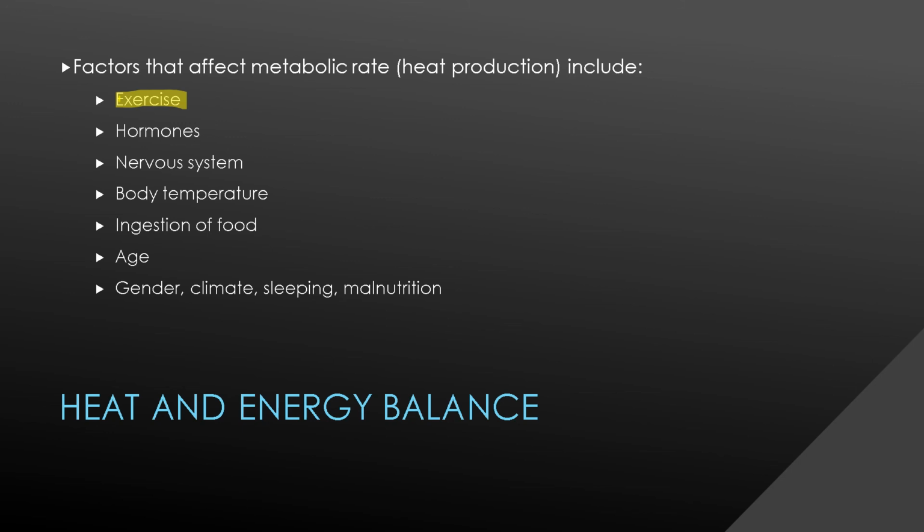In well-trained athletes, though, the rate may increase up to 20 times. The next factor that can affect metabolic rate are hormones. So the thyroid hormones are actually the main regulators of BMR. BMR will increase as the blood levels of thyroid hormones increase.